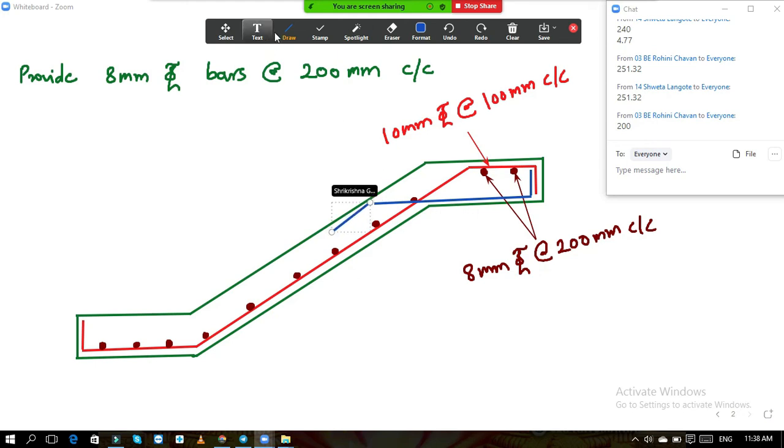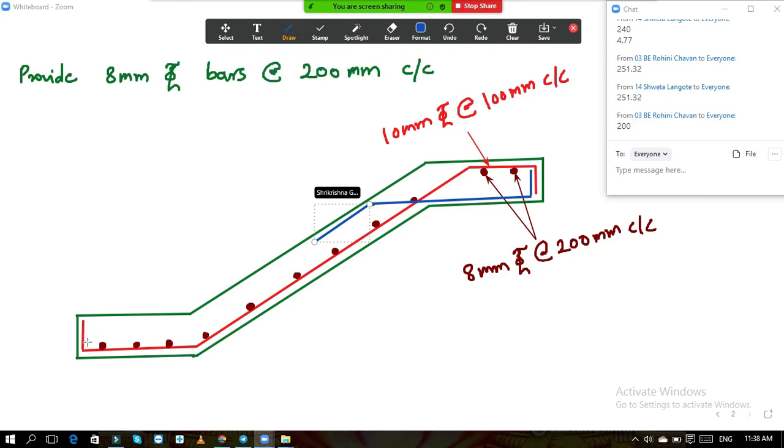This is your distribution steel. Okay, in this way you can extend this. This may be the direction of extension.